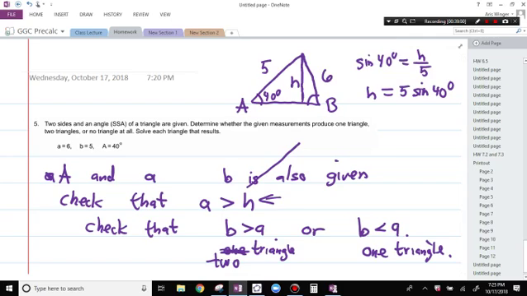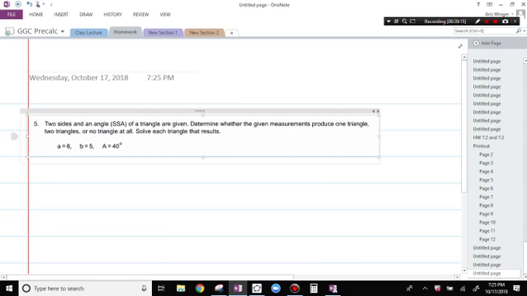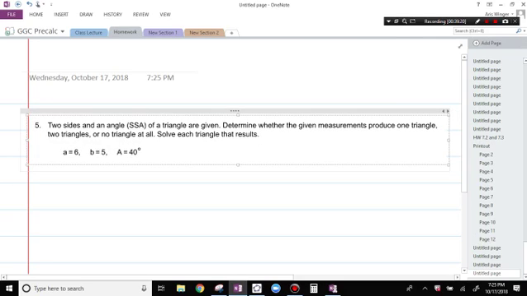And now we get to find it just like we were doing all the other ones. One triangle. Now this game's over.